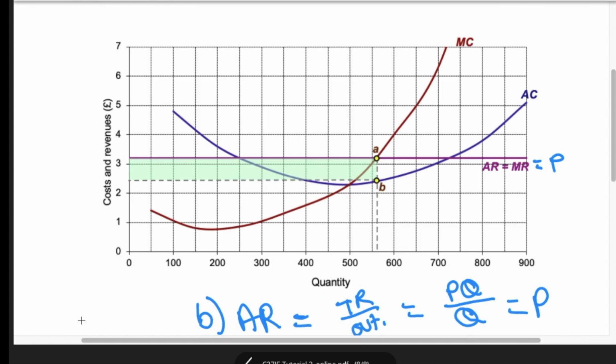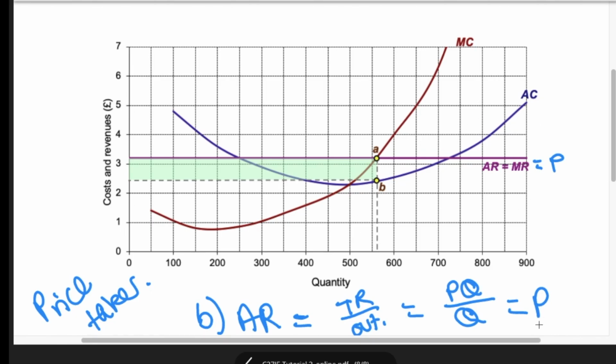It implies they're a price taker. Perfect. Because if they were a price setter, price would be able to change, and that's not happening. Lovely. So that's what that question was getting at when it wanted you to talk about average revenue.